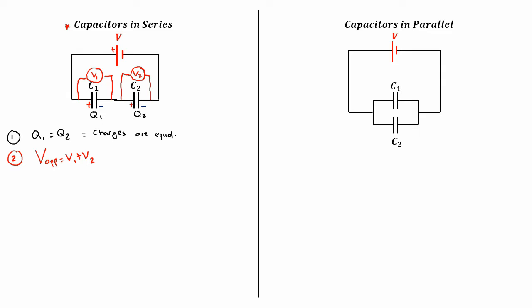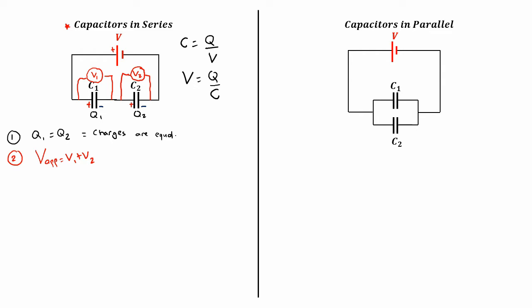Now at this point, let's also talk about the definition or the formula for capacitance. Capacitance C is equal to the charge divided by the voltage. Now we're going to take this V equals V1 plus V2 equation and expand on it. If we modify C equals Q over V, we get voltage equals charge divided by capacitance.